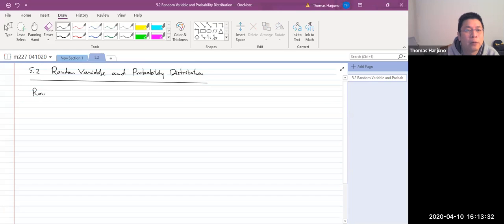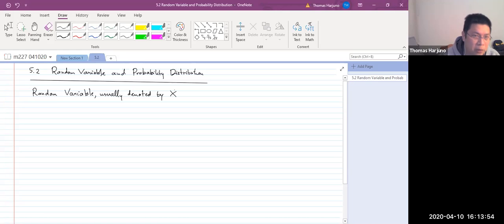Random variable, usually denoted by capital X, actually any capital letter except capital Z, as you will see next week.